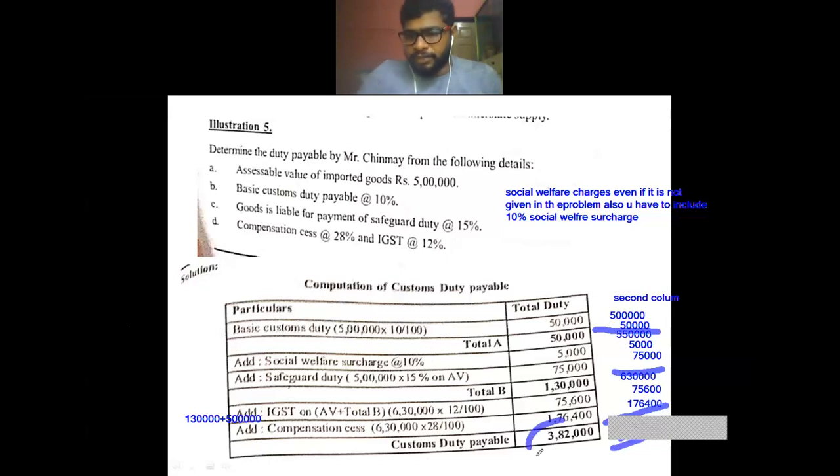Custom duty payable, this amount we need for paying to the government. So 3,82,000 is the total custom duty payable.